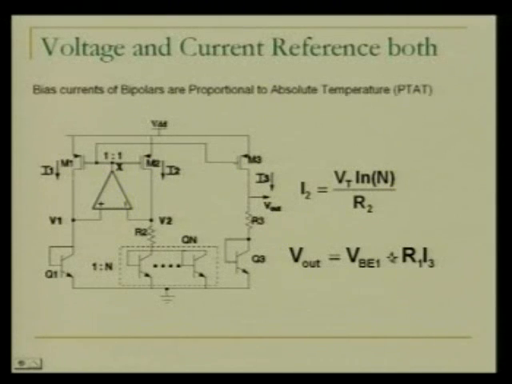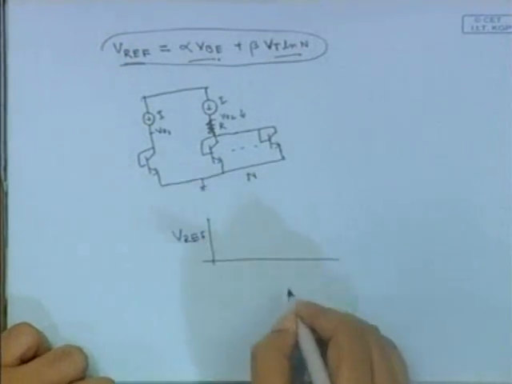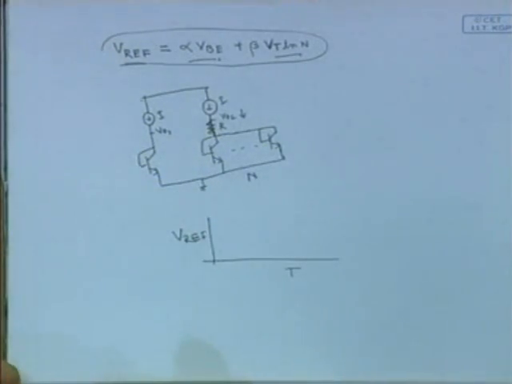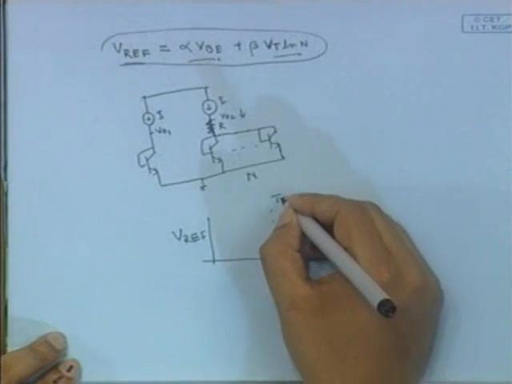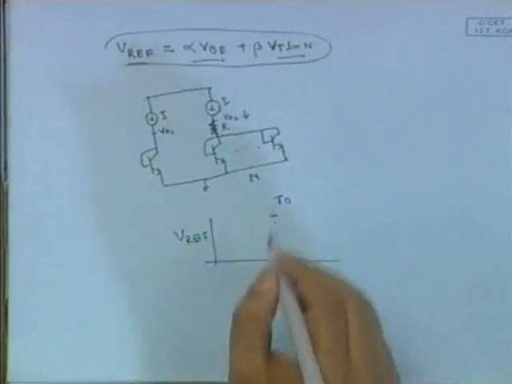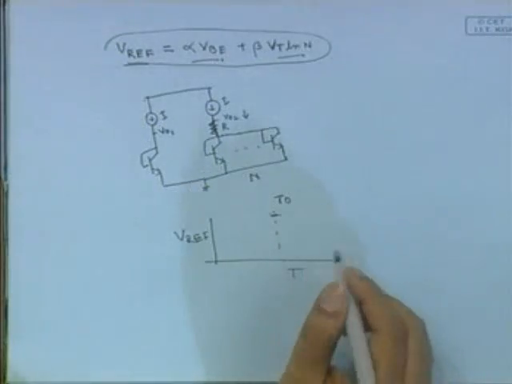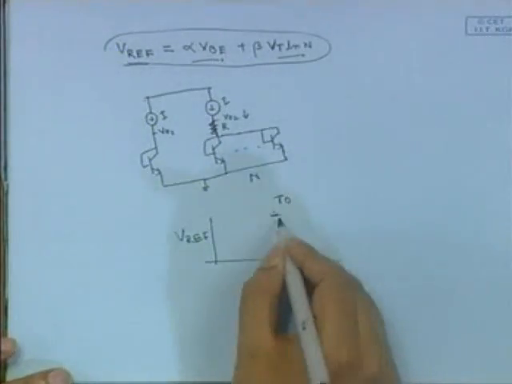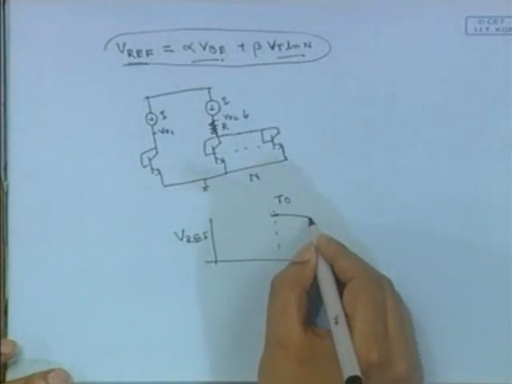If you plot this reference voltage over temperature, at a particular temperature T naught you will get the exact reference voltage value we want to design, and at T greater than or less than T naught, you will get a gradient.